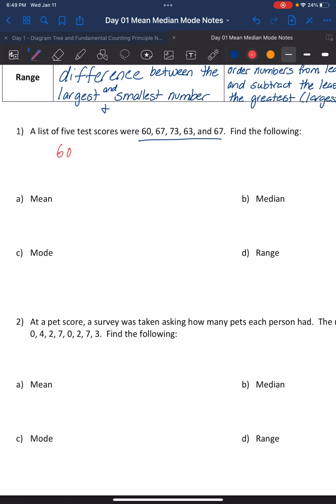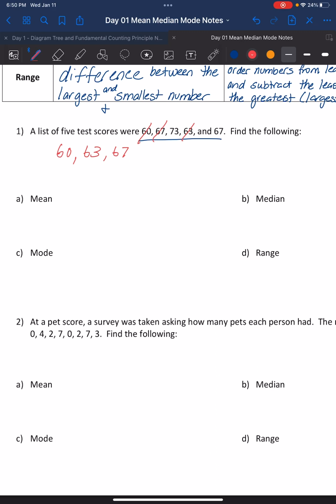You're going to go 60, okay. My next number is 63. Cross that number out. My next number is 67. Now, because I have another 67, can I go ahead and just write down one 67, or do I need to write down both 67s? What do you think?